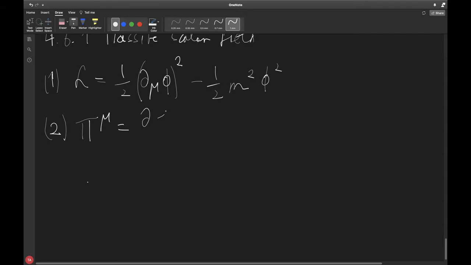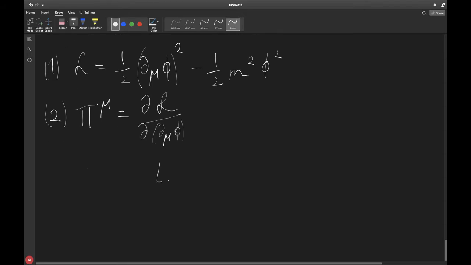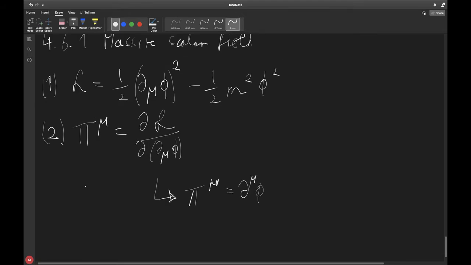So in this very specific case, this will lead to saying that pi mu is the same as the derivative of the phi, right? So we just did the derivation here. This term gives us a 0, and the second power destroyed the 1/2.